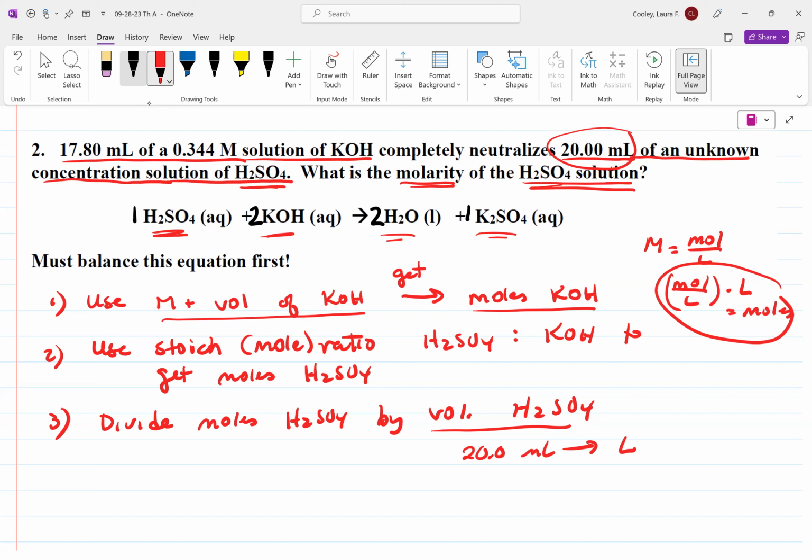You can say you can cancel. So that's the thing. You want to find the molarity, the moles divided by the volume. There is 21 liters.